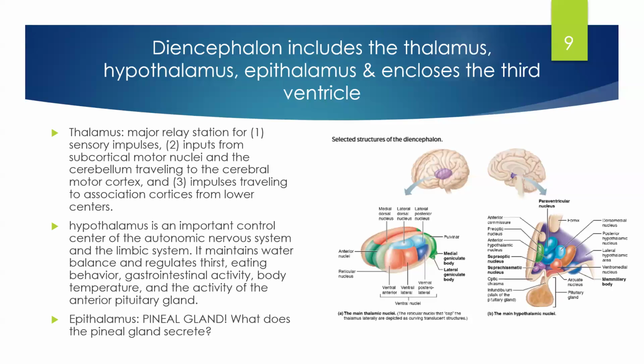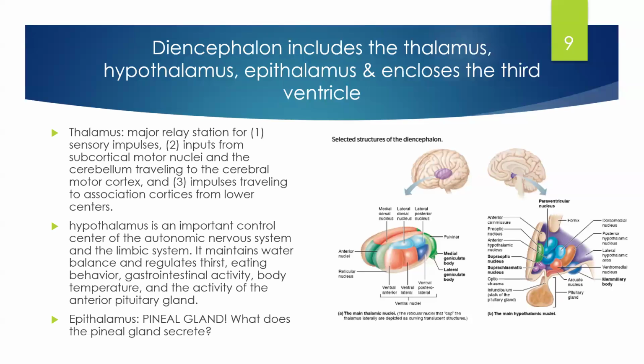And then our epithalamus, this is our pineal gland, or it is within, kind of near our pineal gland. What does the pineal gland secrete? Does anybody remember? It's a specific hormone that helps us do something that we need to do every single day. Melatonin, yeah. So pineal gland, epithalamus.